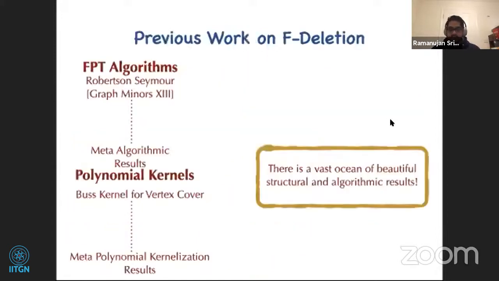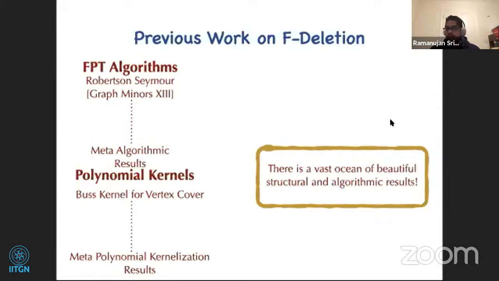And as you would have already seen in previous talks and in what Mike spoke about yesterday, starting from Robertson and Seymour's work, there have been a lot of very interesting algorithmic results inspired by and aimed towards resolving various questions regarding the F deletion problem.